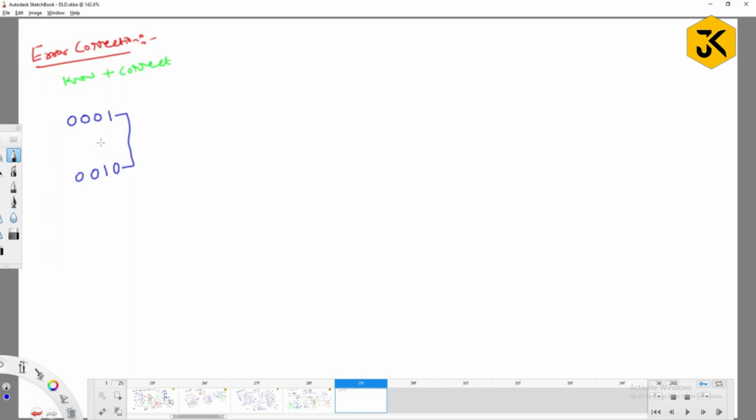Because 2 bits are modified. As there is a 2 bit distance, I can simply define whether there is an error or not, because the patterns are different.